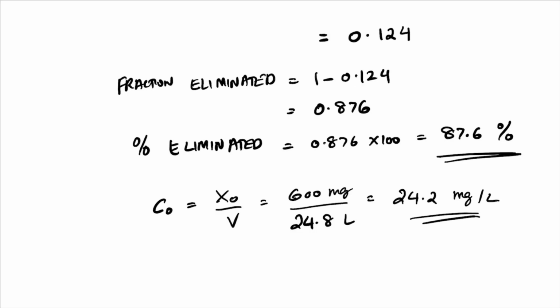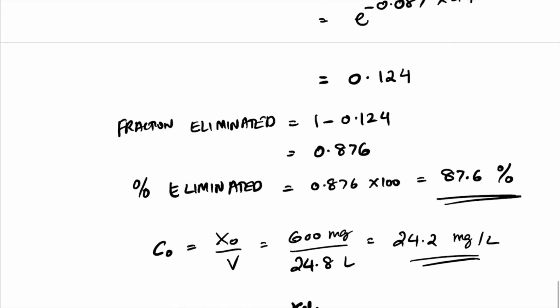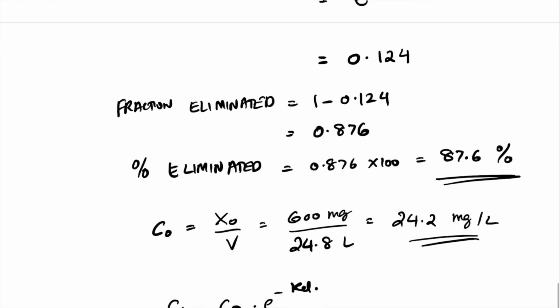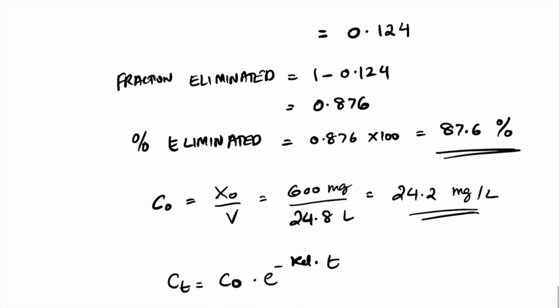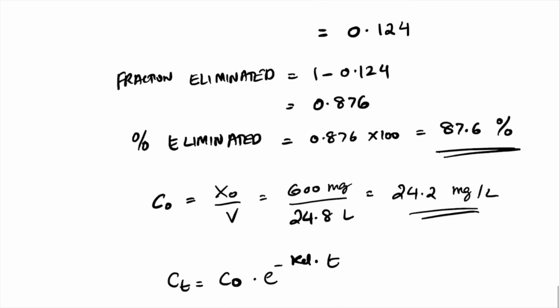Now Ct is C0 times e raised to negative KEL times T, and we already calculated e raised to negative KEL T is 0.124.